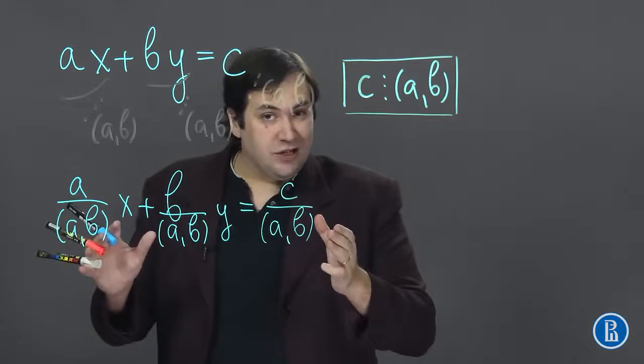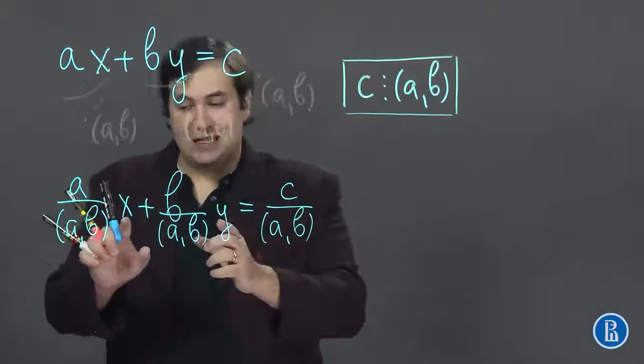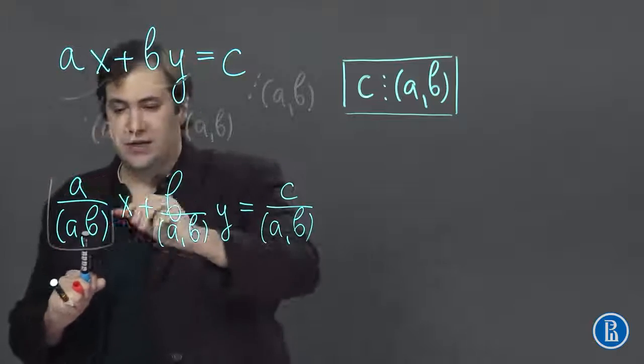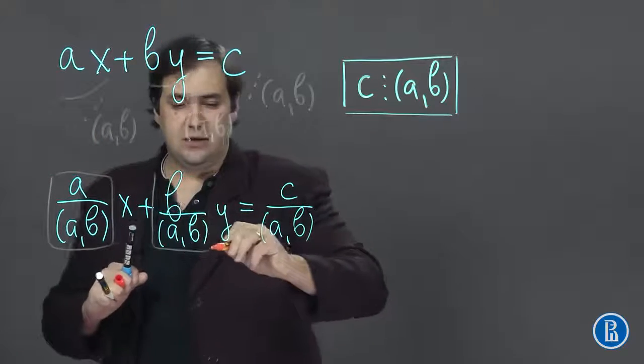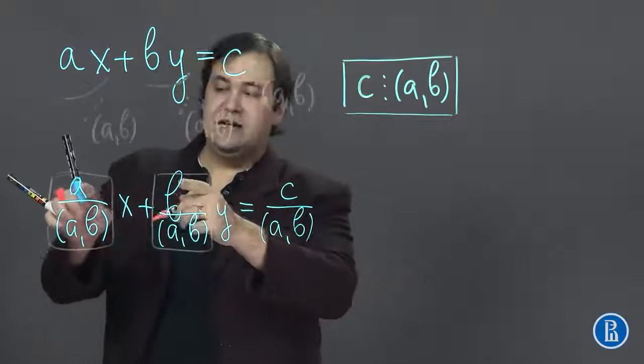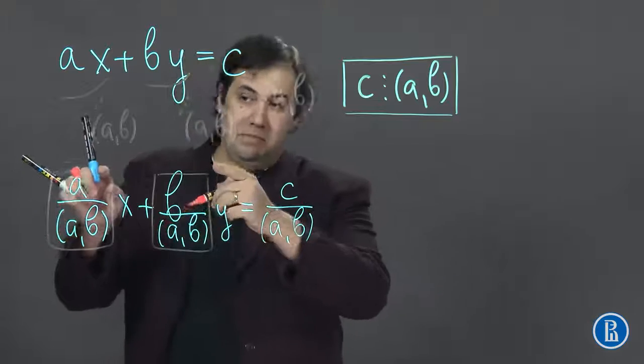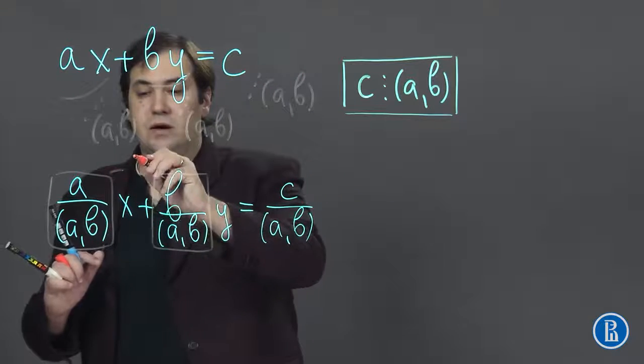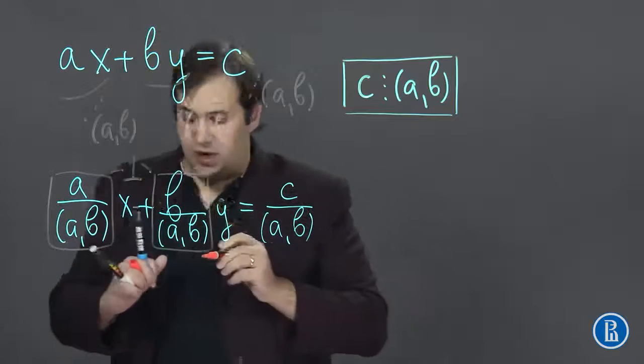In this equation, the coefficients upon x and y are mutually prime. This one and this one. Well, since we divided a and b by their greatest common divisor, then these two are mutually prime.